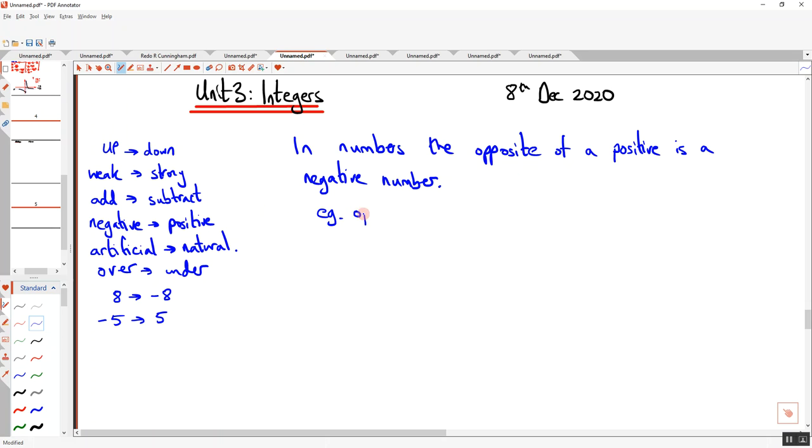So for example, the opposite of 5 is Destiny? Negative 5, right.